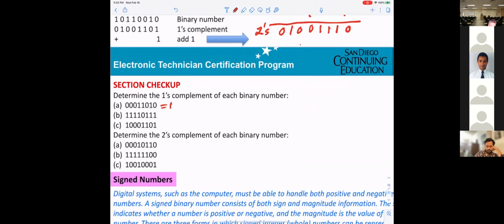If it's a 1, you make it a 0. 1, 1, 0, 0, 1, 0, 1. That means you're just converting 1 to 0 or 0 to 1. You get the first complement. So I want you to try number A in the second complement.